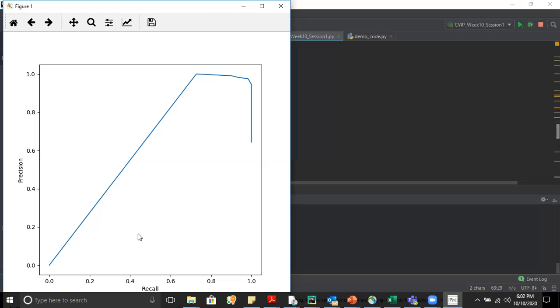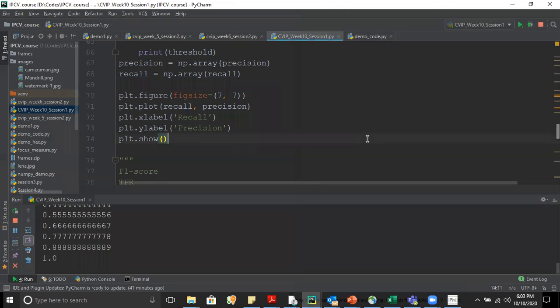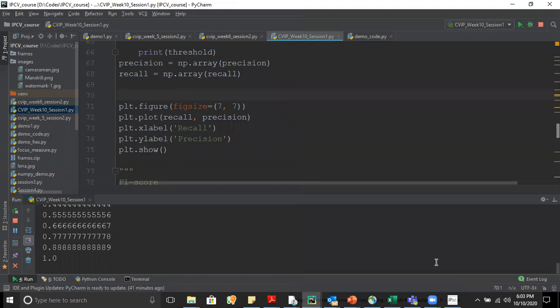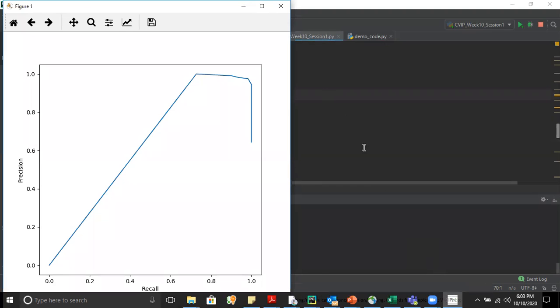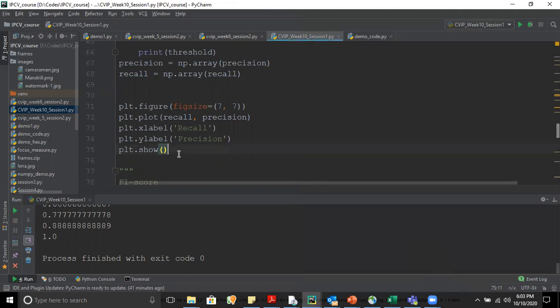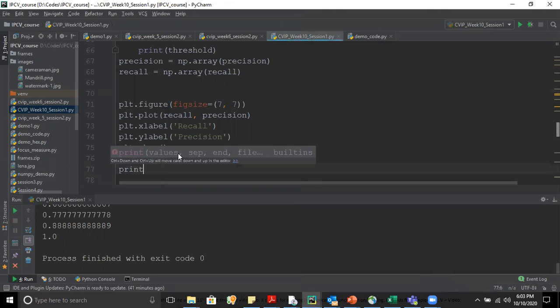Any doubts here? So now what is the threshold here, sir? Threshold we have to find out, ma'am, for whichever value of precision and recall. Let me try to print it.